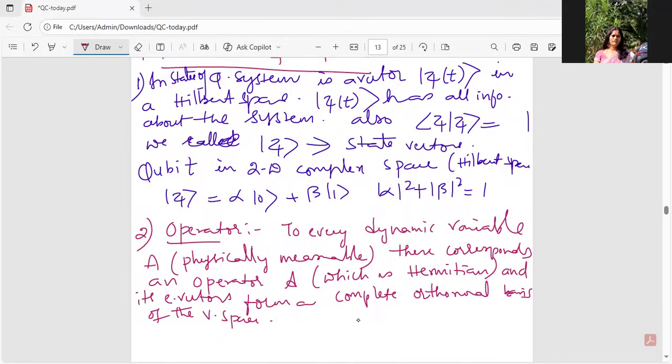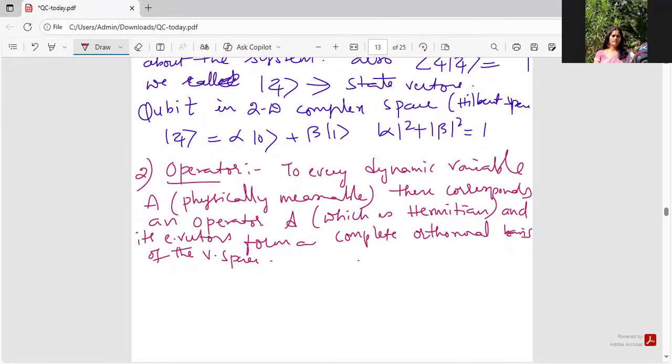Now coming to the third postulate, guys. It talks about measurements. The possible results of a measurement of a dynamic variable are the eigenvalues only. That's why I am talking about spectral decomposition.